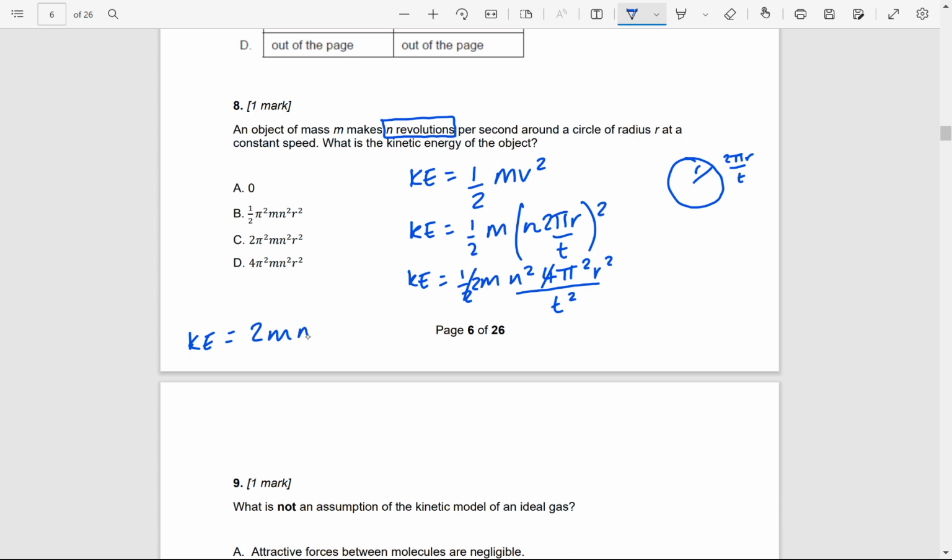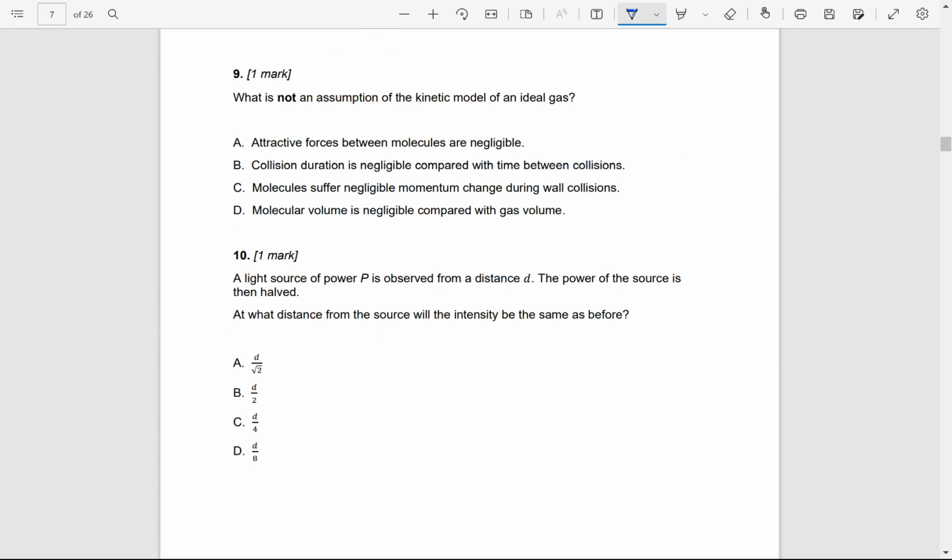So we have 2m n squared pi squared r squared divided by t squared, and t is 1 because it's per 1 second, divided by 1 squared is divided by 1, so we cancel that out. So that's the answer. I'm just going to check that this one is in fact correct because I've got them all in a slightly different order. Yeah, it's all there. I'm going to go for C.